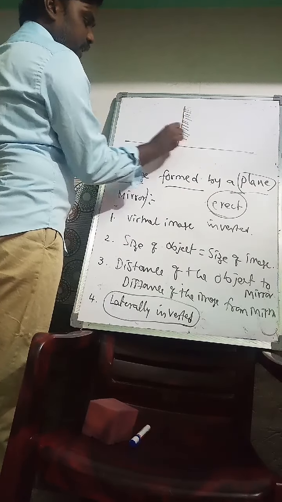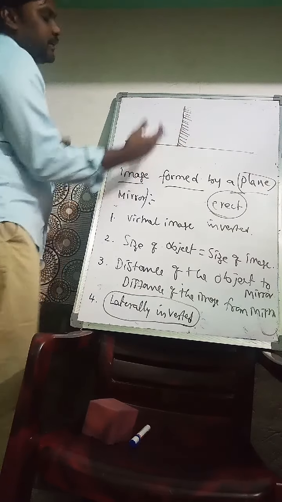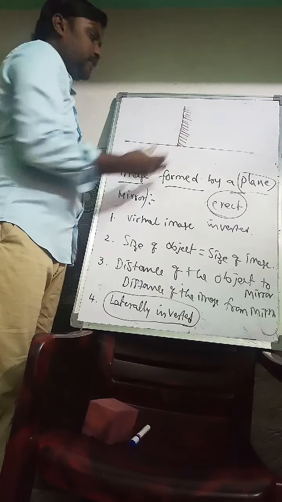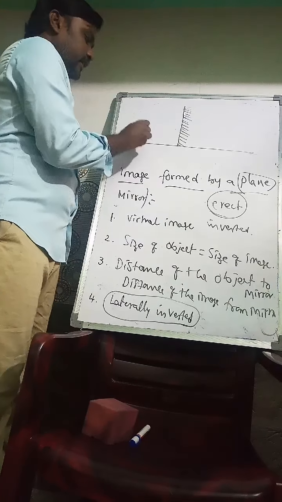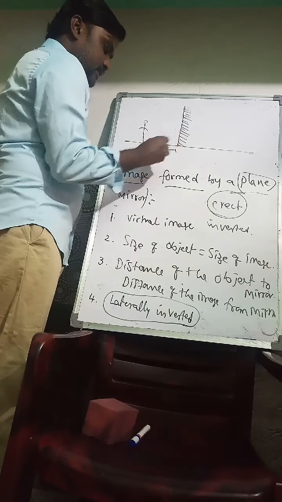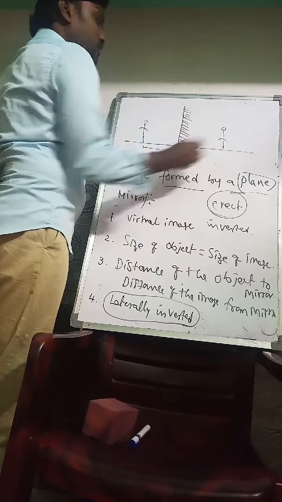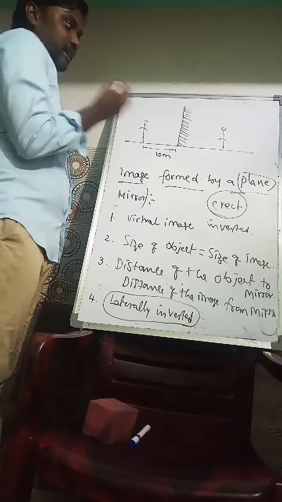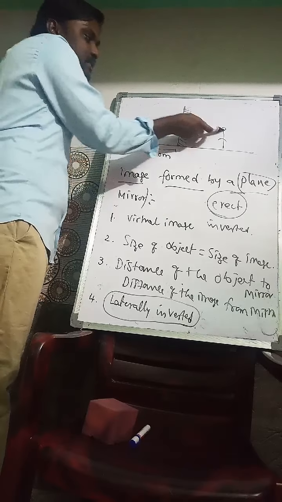Whenever I show these lines in the figures, you should treat this as the coated side. Here a person is standing, this distance is 10 meters, and here some image is formed. Since it is coated, all the light is reflected back, no light goes through, and no light passes through to the image.